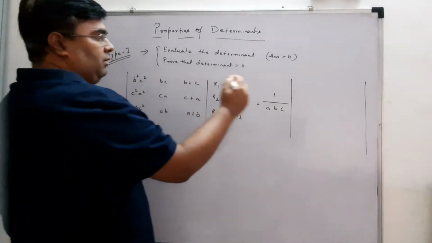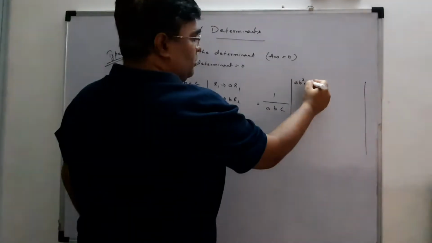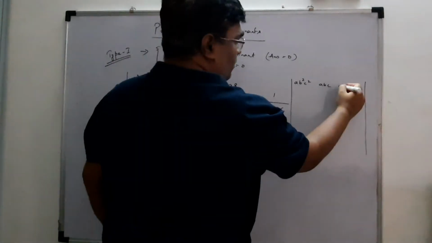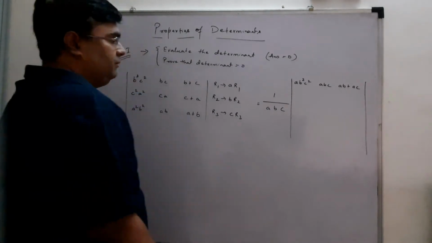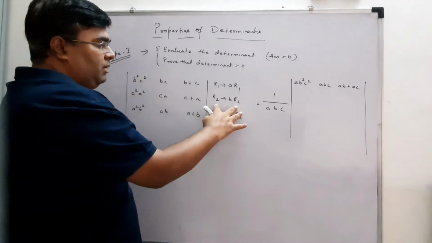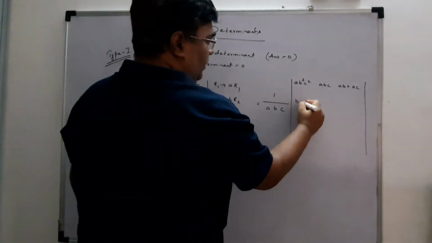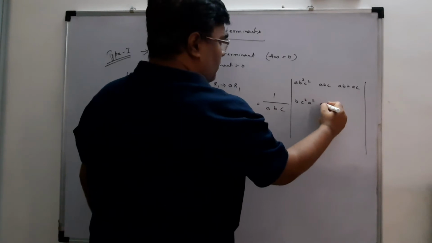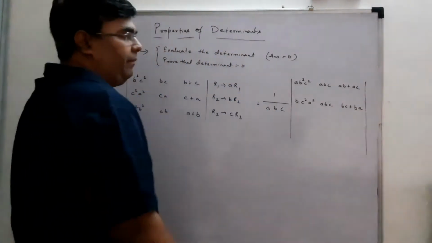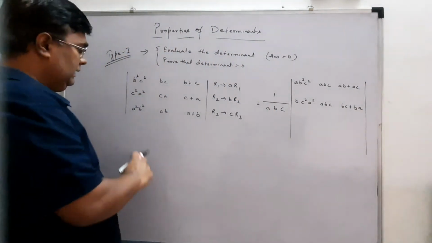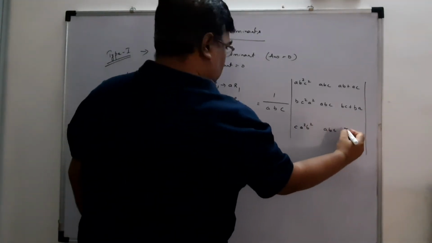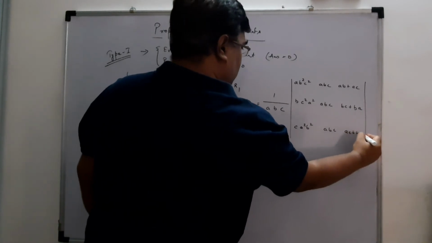So what will happen? It will become A, B square, C square, ABC, and the third will be AB plus AC. Right? So first row multiplied by A. Now second row, multiplying by B, it will become B, C square, A square, ABC, BC plus BA, and third row by C will be C, A square, B square, again ABC and AC plus AC.